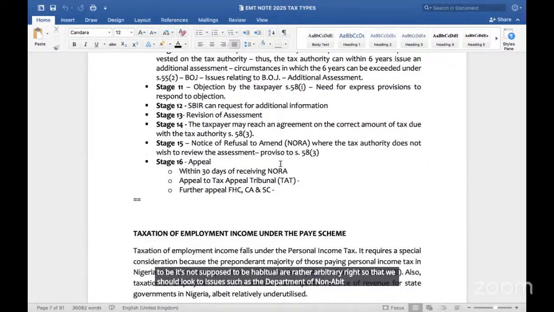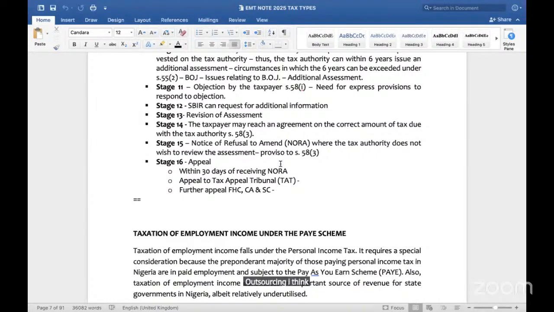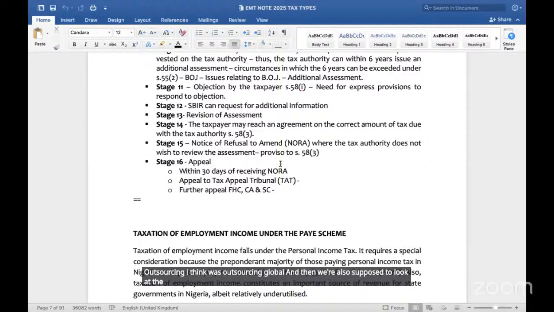And then you mentioned the case of LIRS and outsourcing, I think it was Outsourcing Global. We're also supposed to look at the grounds upon which a taxpayer can object to the tax assessment that has been levied upon them, and at the notice of refusal to amend, that's NORA.